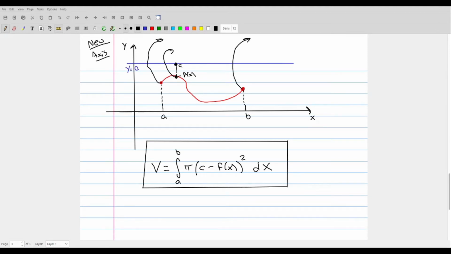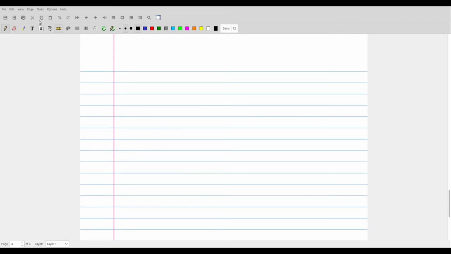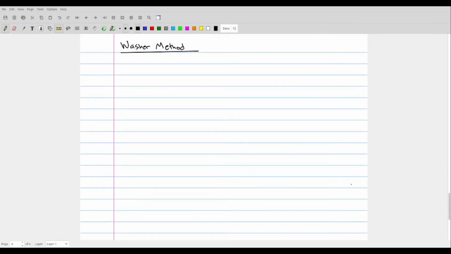The next method that we can use to find volume, the next, I guess, more complicated shape, so the next step up, is what's called the washer method, but the shape is what happens when you do a solid of revolution of two separate functions. So we'll see why the method's called the washer method in a second. Let's say we have two separate functions of x.